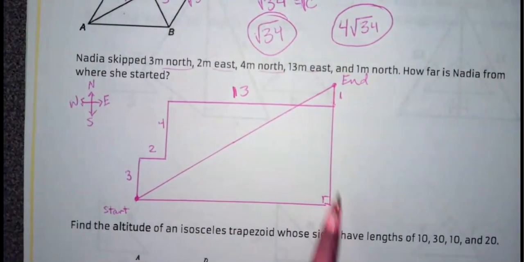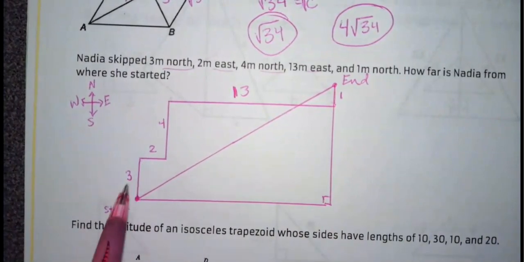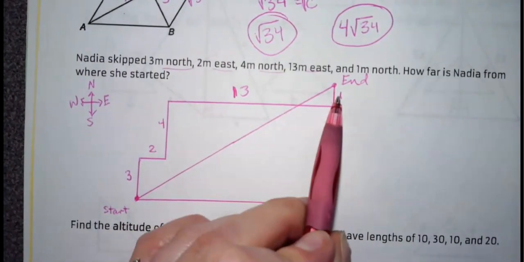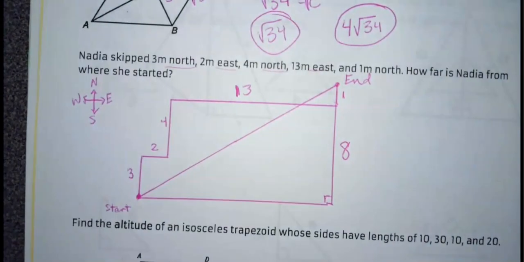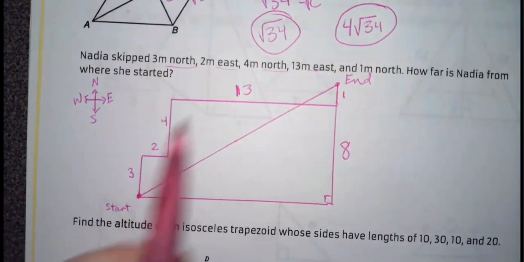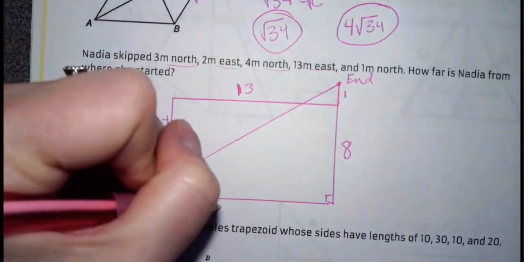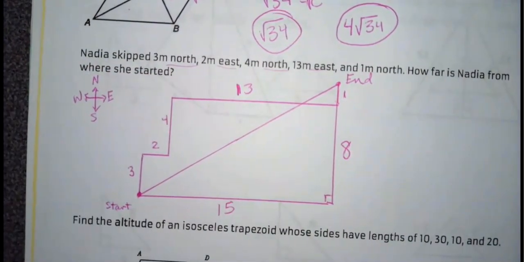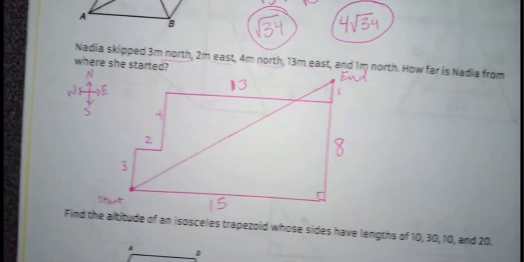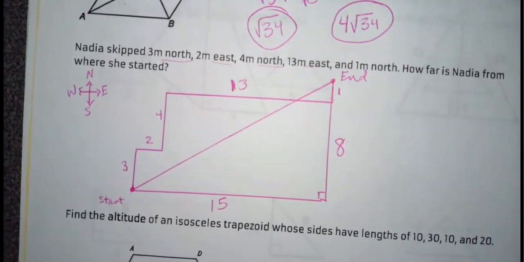And we just need to figure out how far north and how far east we went. So we went 3 plus 4 plus 1 north. So 8 north. And then we did 2 plus 13, which is 15 east. And this actually comes out to a whole number, which is nice, but now it's just Pythagorean theorem. The difficult part about this is drawing the picture. But it's 8 squared plus 15 squared.